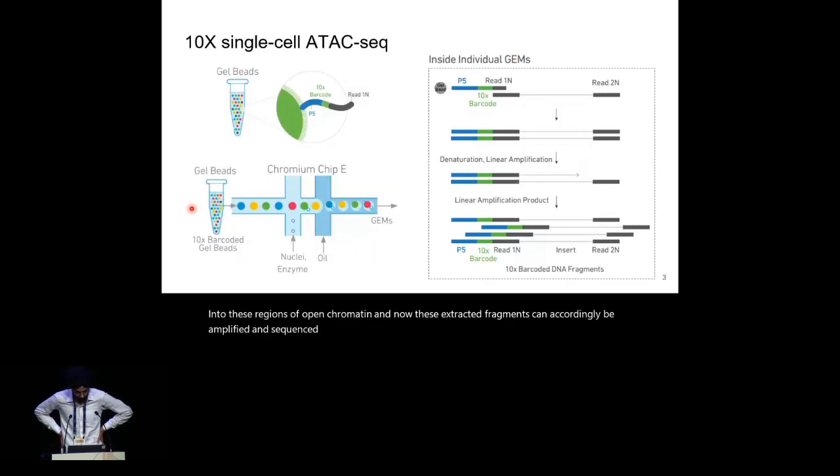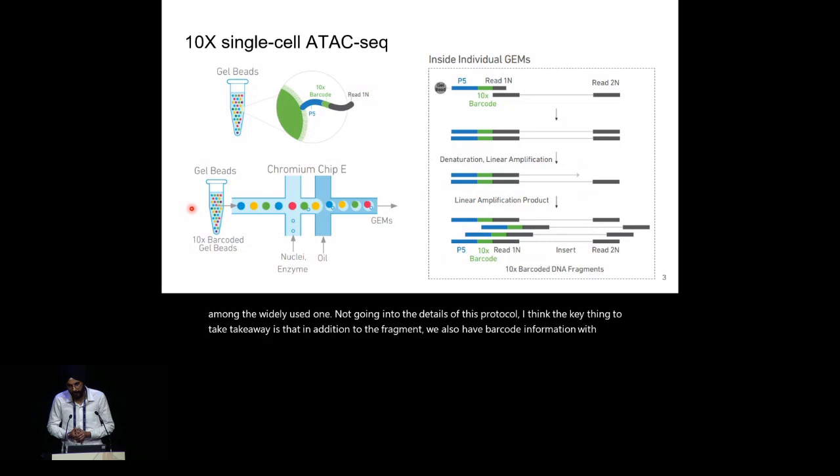So, coming to single cell, many technologies exist, but the protocol by 10x remains among the widely used ones. Not going into the details of this protocol, the key thing to take away is that in addition to the fragment, we also have barcode information, which encodes which cell that particular fragment came from.